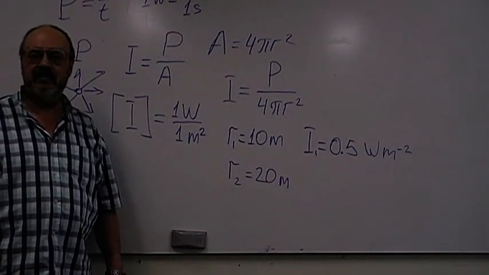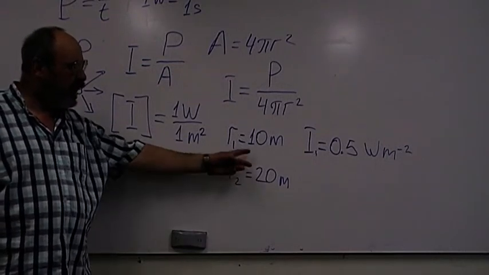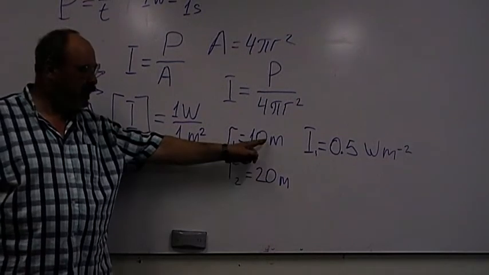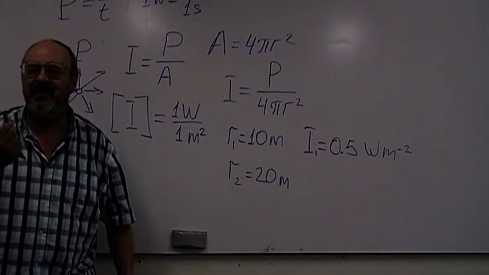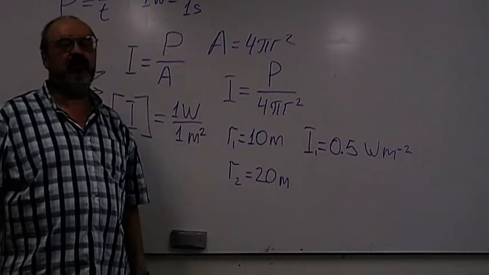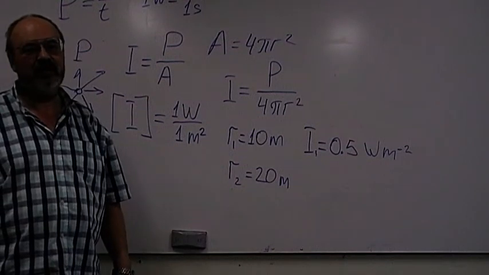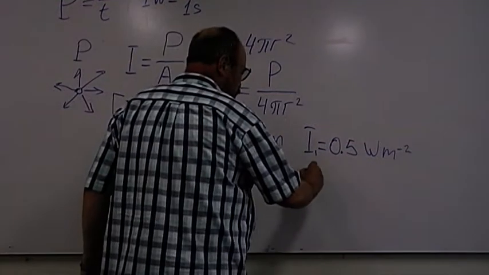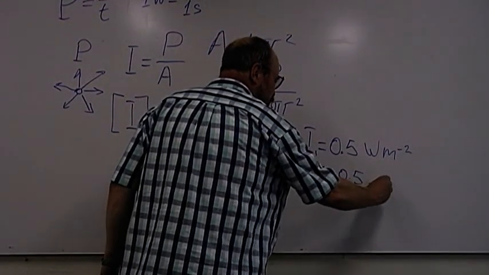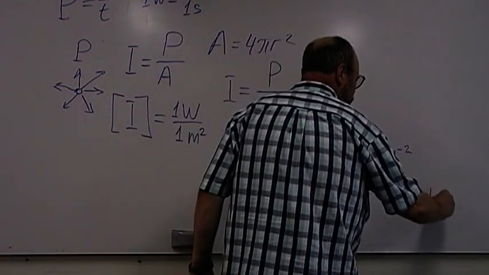How many times did the distance increase? 2 times. As the distance increased 2 times, how many times will intensity decrease? 4 times. So we can just get I2 equals 0.5 divided by 4 equals 0.125 watts per meter squared.